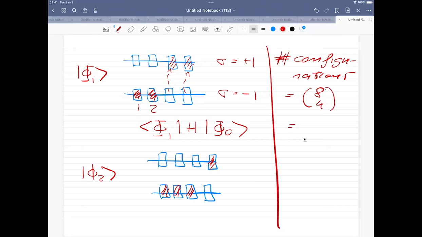So that means that you end up with 8 factorial divided by 4 factorial times 4 factorial. And that should be, if I've done the calculations correctly, equal to 70 possibilities. So if I'm setting up the full problem, I would have 70 configurations, which means that I would have to diagonalize a 70 by 70 matrix.